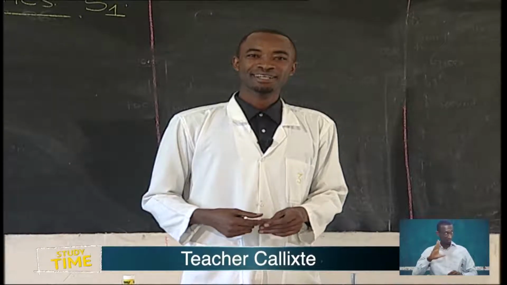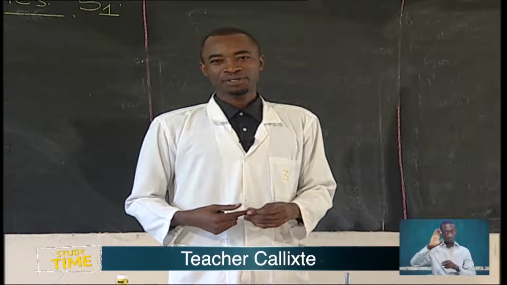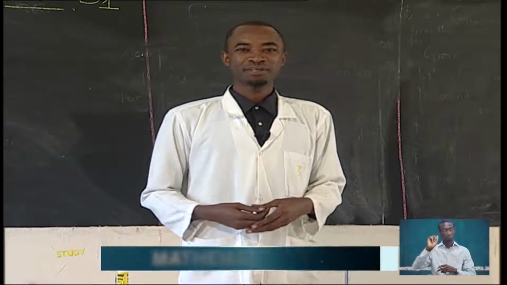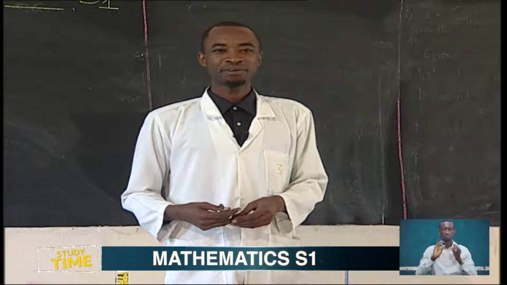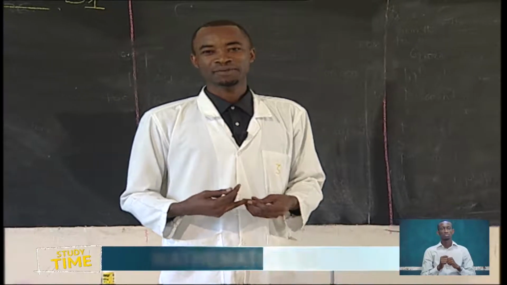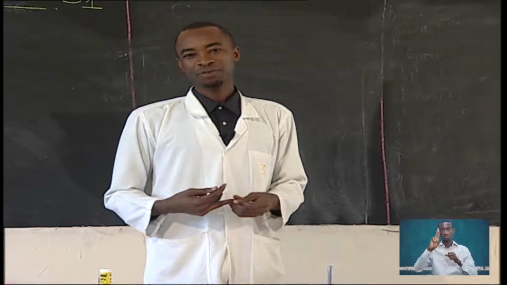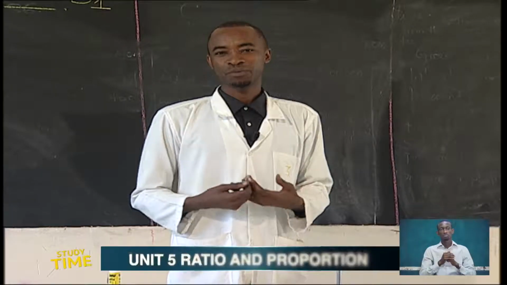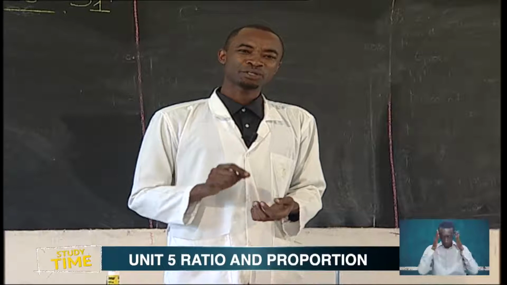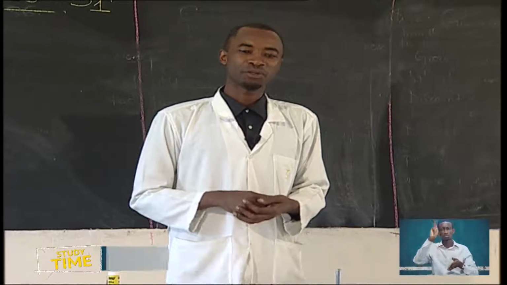I'm Callixte, math teacher. Today we are going to learn together Mathematics for Senior Ones, unit number 5, that talks about ratio and proportionality. But our focus of today will be learning about proportion, and under that point, we'll be tackling what we call direct proportion.